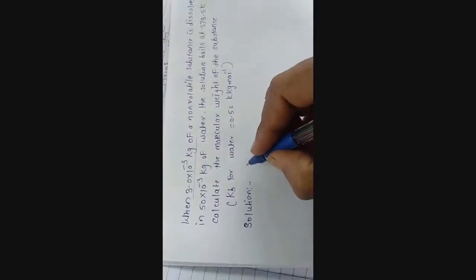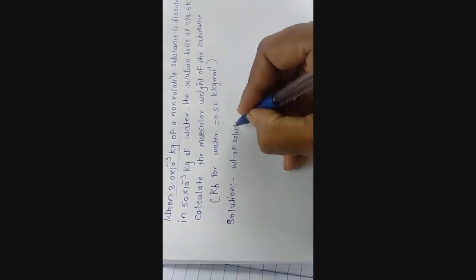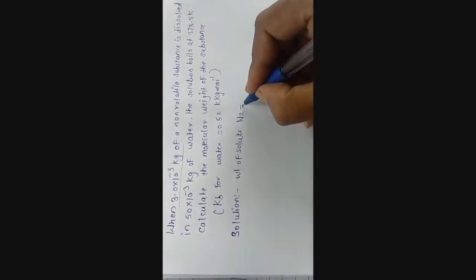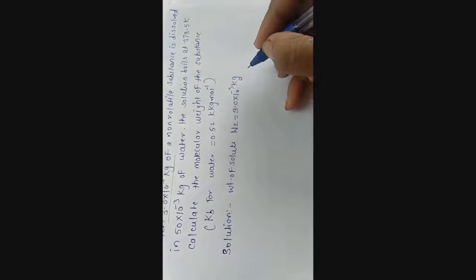Given is 3.0 into 10 to the minus 3 kilogram of non-volatile solute, that is the weight of solute, which is given by W2, that is 3.0 into 10 to the minus 3 kilogram.